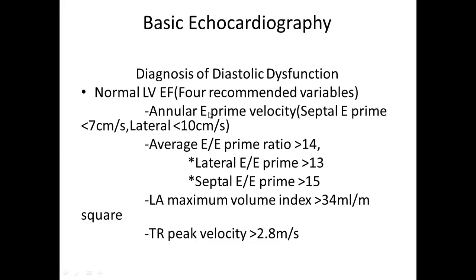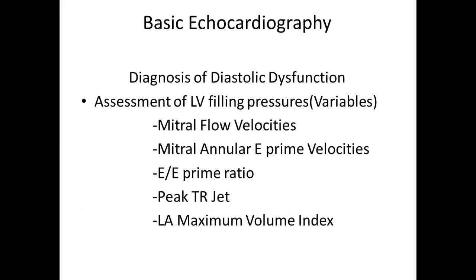Your mitral annular E prime velocity, the E/E prime ratio, left atrial volume index, and your tricuspid peak velocity. And you have to know the values that go with those things. So for you to make a diagnosis of diastolic dysfunction, you need 3 of these variables to be positive. Okay.